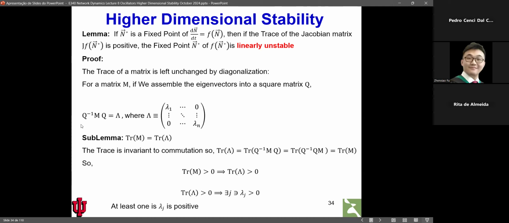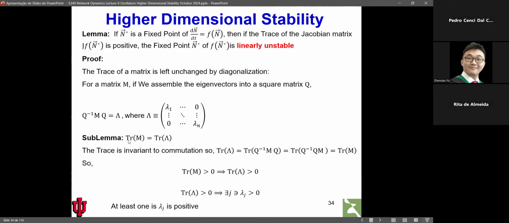So if I take any unitary matrix Q and I make this rotation, Q minus 1 M Q equal capital Lambda, then you have something that was not diagonal, but if I can find this matrix Q that is going to diagonalize your matrix to capital Lambda, then you have this thing.